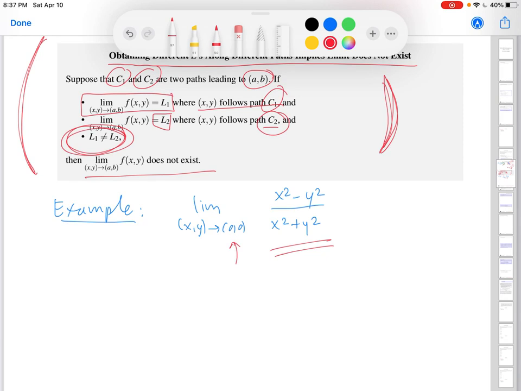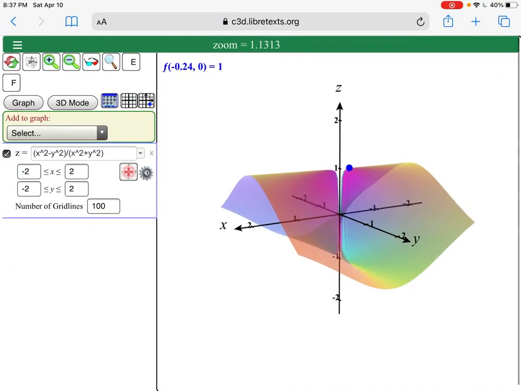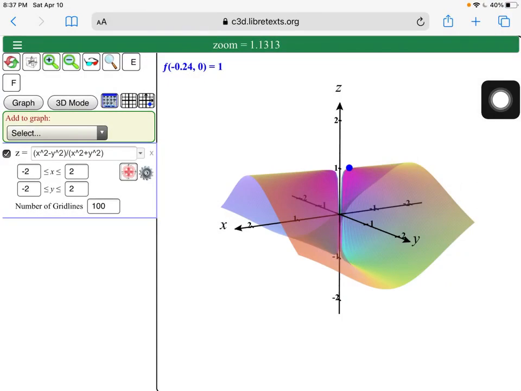So let's do that. I'm going to switch over here. And the first caveat that I'll mention is the usual one. This CalcPlot 3D is fantastic, but like all numerical plotters, it has trouble when we divide by very tiny numbers, or when we approach asymptotes or take square roots of tiny numbers. That is what's going to be happening here, right? So x squared plus y squared is in the denominator.